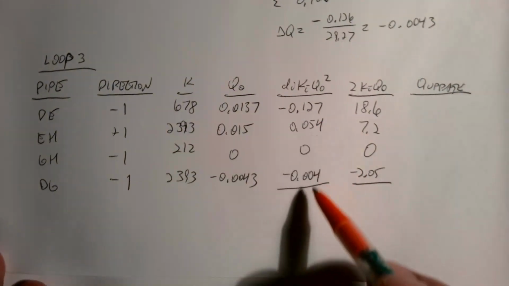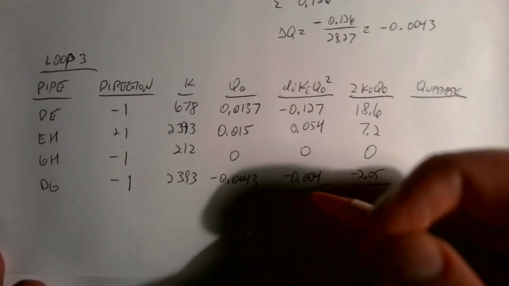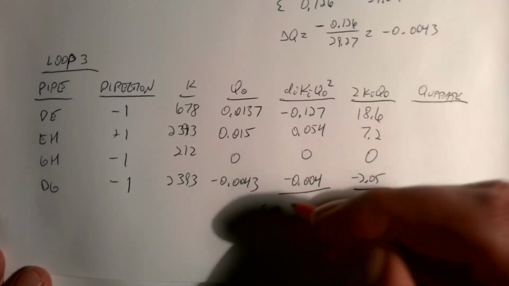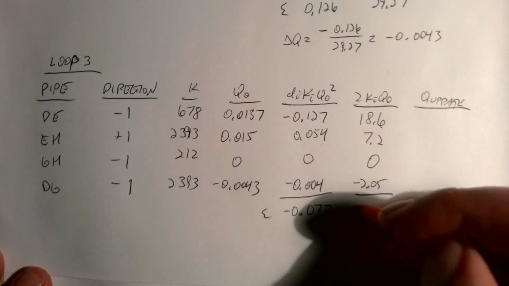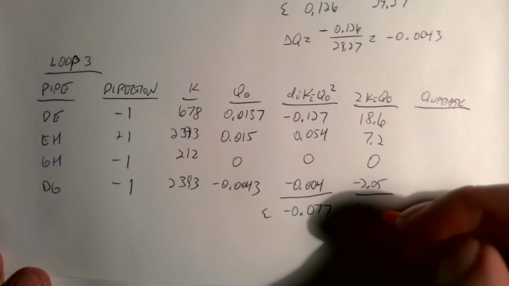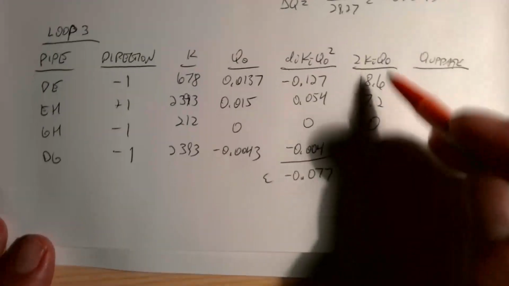And then we go and add these up. Our summation is negative 0.077, and then this term is 23.35 if I add all those up.